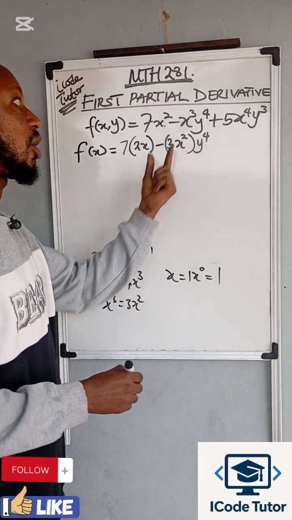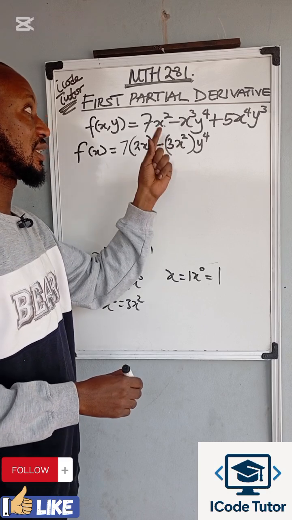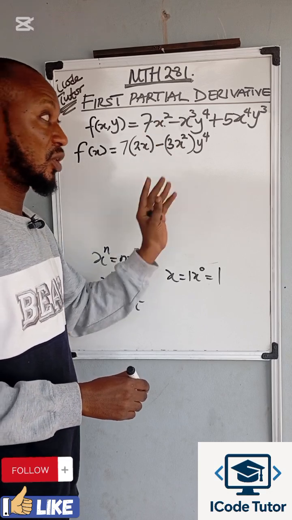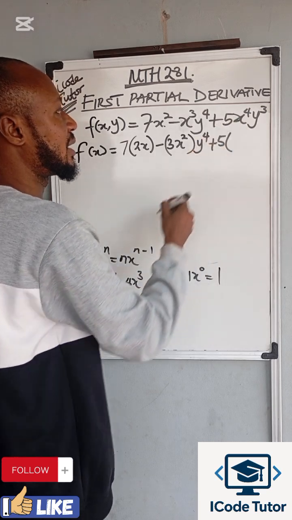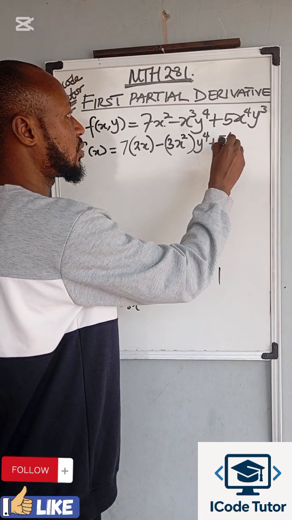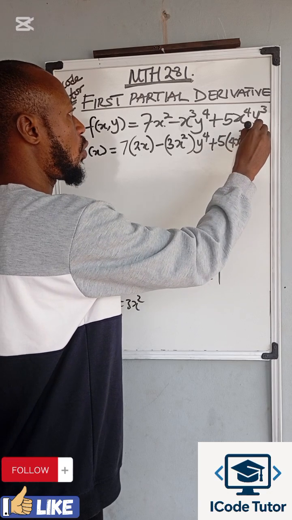Don't forget that all other variables will be treated as constant, so the y variable is constant, plus 5 into the derivative of x raised to power 4, which is 4x raised to power 3, into y cubed.